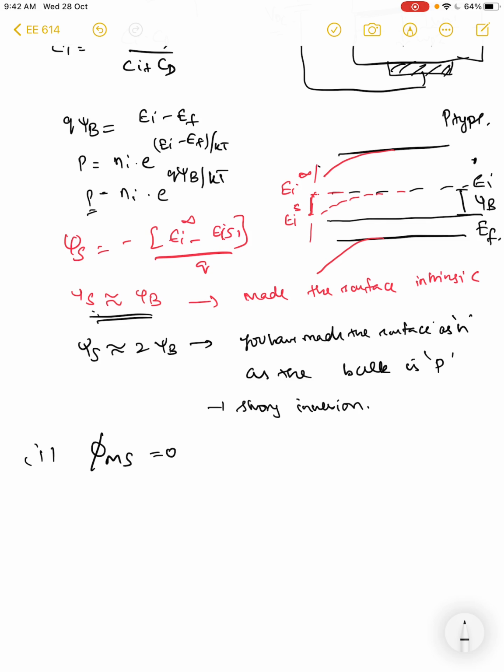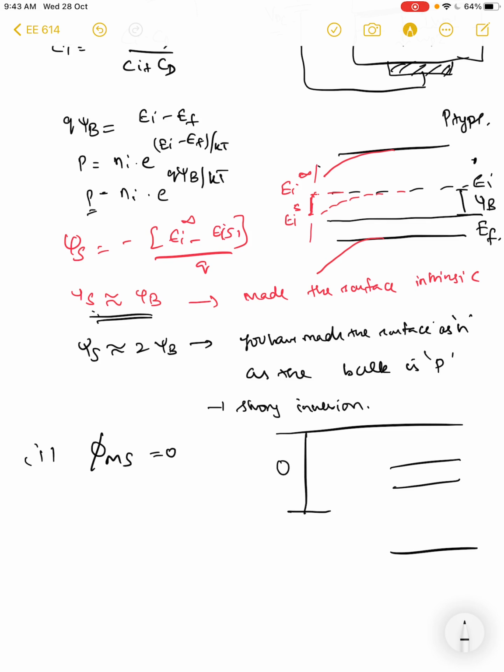So now let us say that it is not the case, right? So we have previously seen metal semiconductor junctions where they are not the same. Now we have an insulator in between. Even then, let us take this as the metal, and let's take this as the semiconductor.